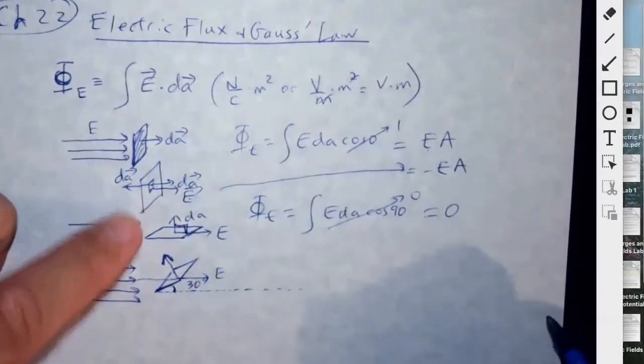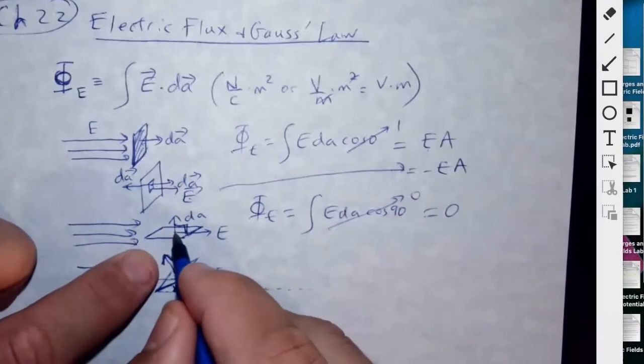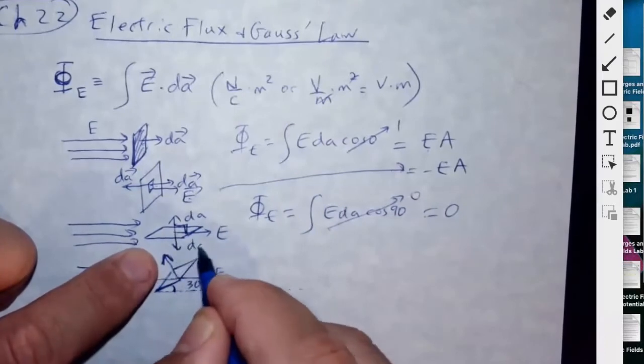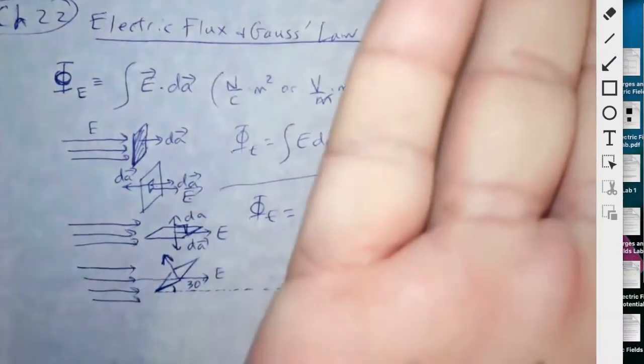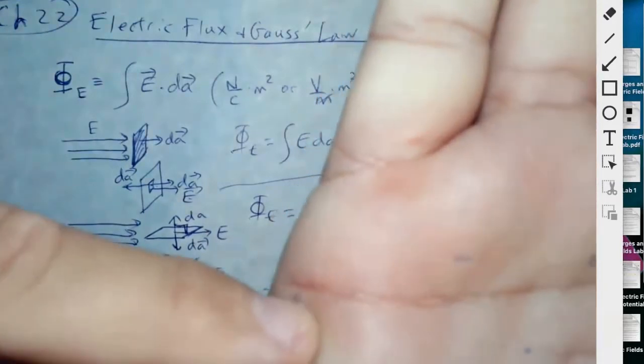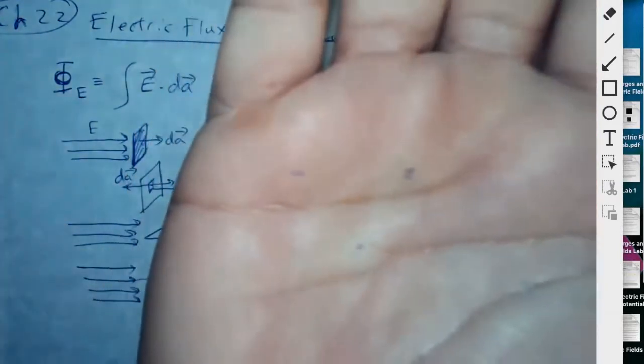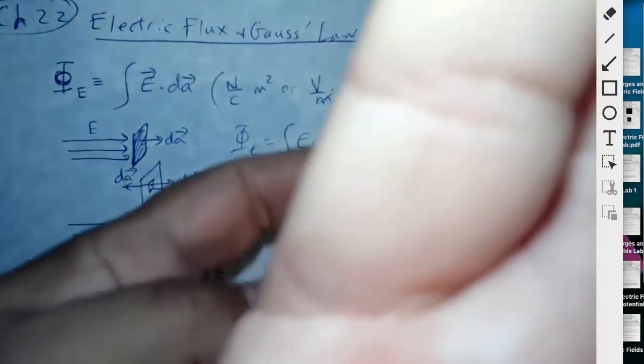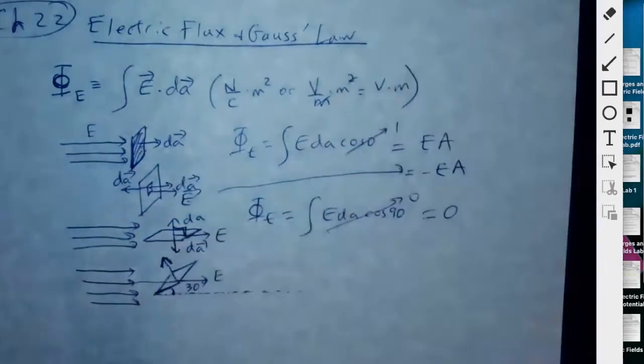And what if the dA vector you had defined like this? If my hand is like this and the flux is coming like that, how do you know the dA is in the direction of the palm or down this way from the other side? Let's see.